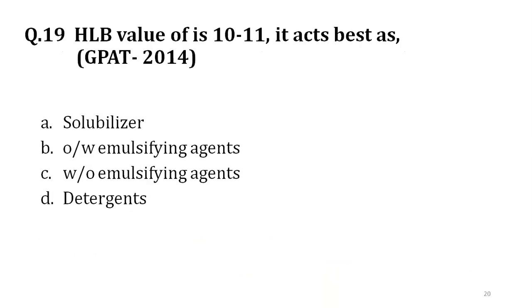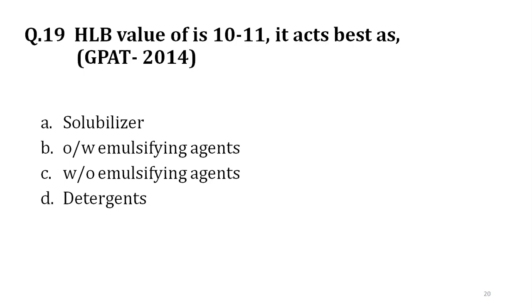Next, the HLB value of a given surfactant is between 10 to 11. It acts best as, this question was asked in GPAT 2014. Option A, solubilizer; option B, O/W type of emulsifying agent; option C, W/O emulsifying agent; and option D, detergent.